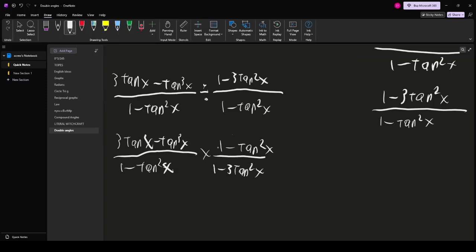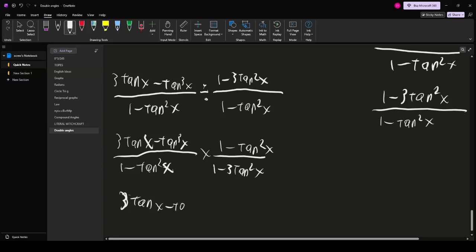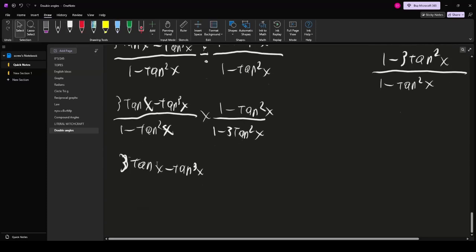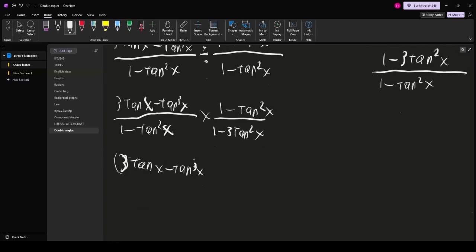And then obviously this term, whatever you call it properly. So this and this cancel out because they will divide and turn into 1. So now we have 3 tan x minus tan cubed x multiplied by, what am I doing?